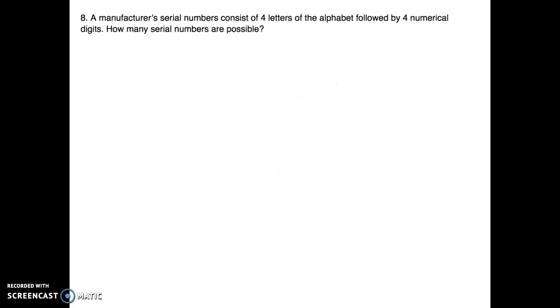Okay, number 8. A manufacturer's serial numbers consist of 4 letters of the alphabet followed by 4 numerical digits. How many serial numbers are possible? It doesn't say that they cannot repeat, so we're going to assume that they can repeat. For letters of the alphabet, there's 26.